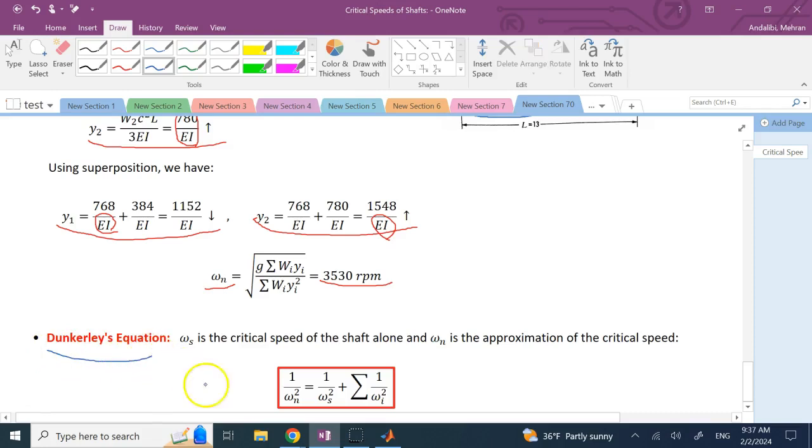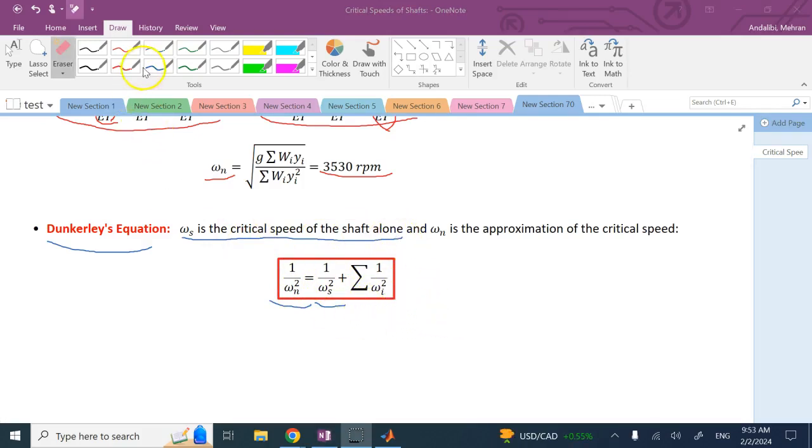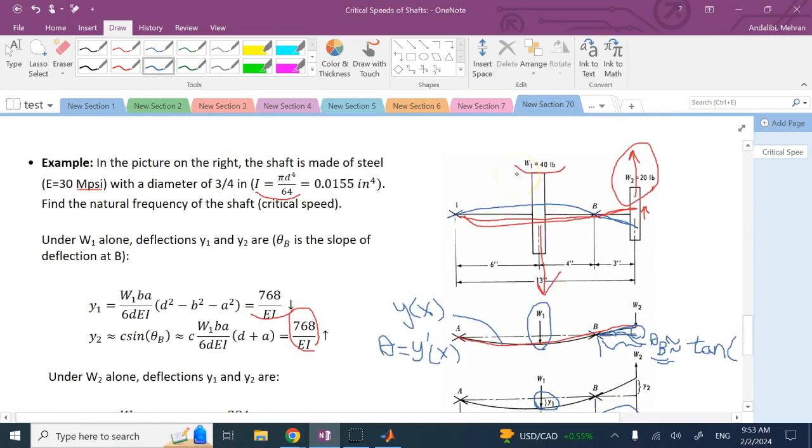It says the critical speed of a shaft that has a bunch of disks on it, if you call it omega n, and omega s here is the critical speed of the shaft alone without any masses, then you can combine these into one formula: 1 over omega n squared is 1 over omega s squared, plus the sum of 1 over omega i squared, where omega s is the critical speed of the shaft alone with no masses, and these omega i's are the critical speed of the shaft if the shaft is massless, but it is supporting weight wi in general.